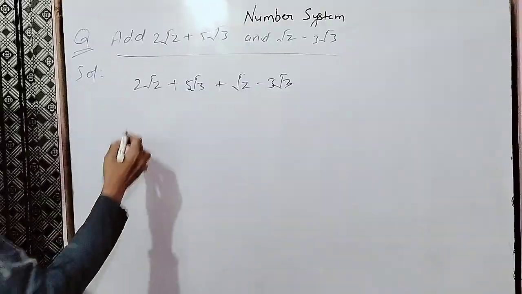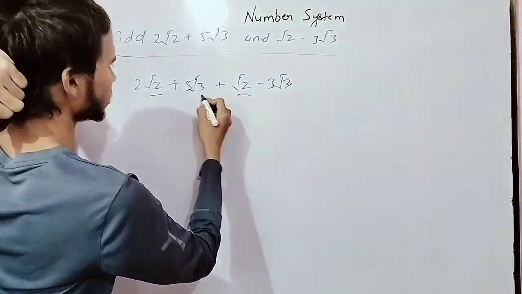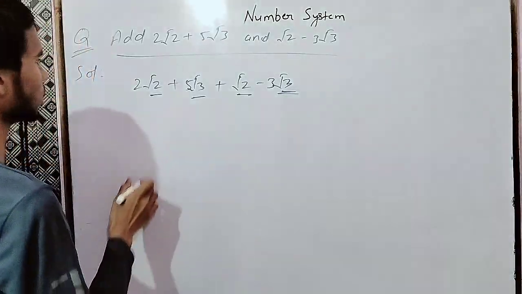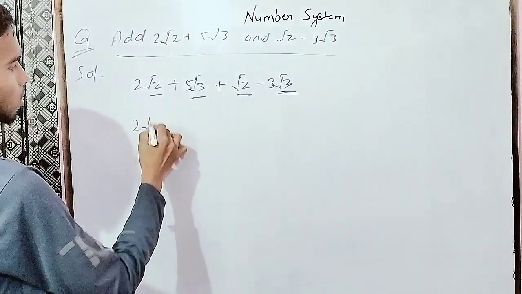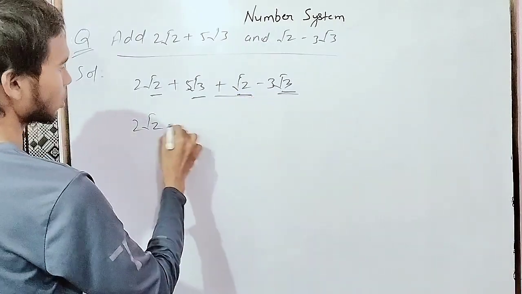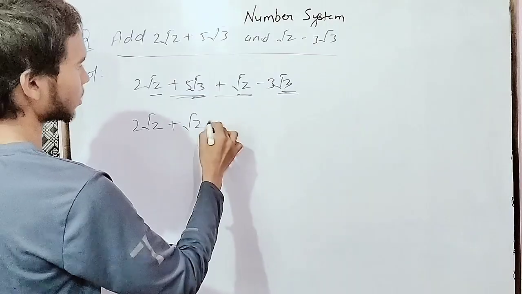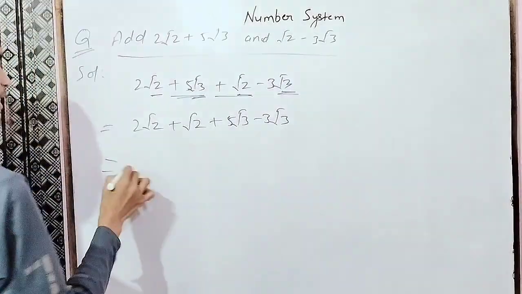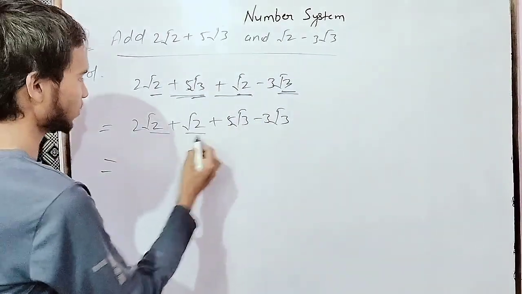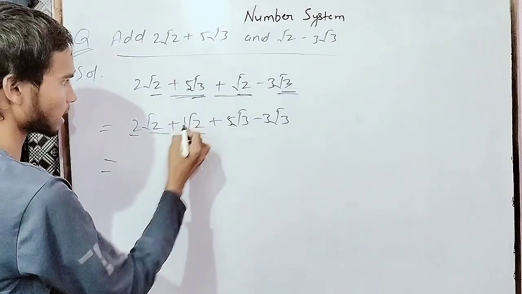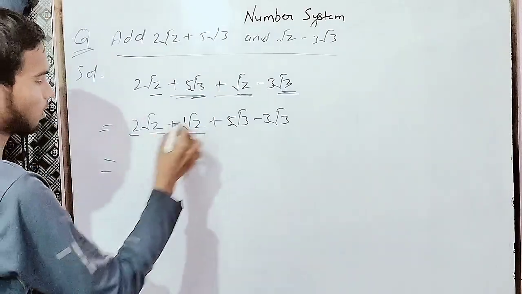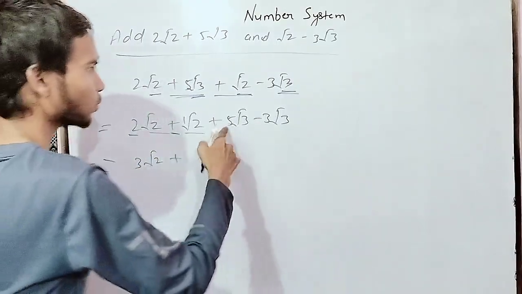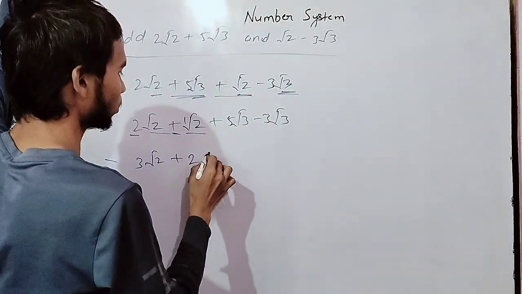Now here you can take the common number in root. So here 2 and this 2, then this 5 root 3. Now this is common. Now this is a 2 and there is a 1, 1 is hidden. So it will be 3 and 2. Again 5 minus 3 will become 2.